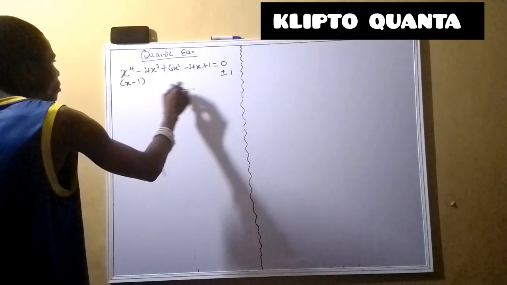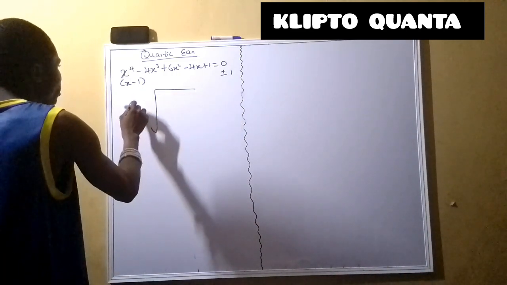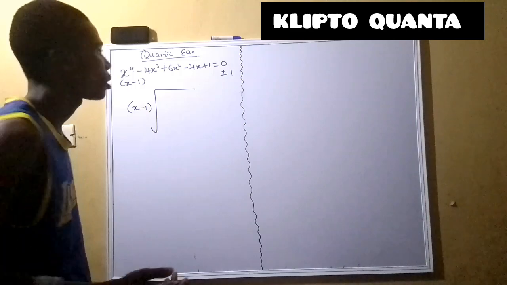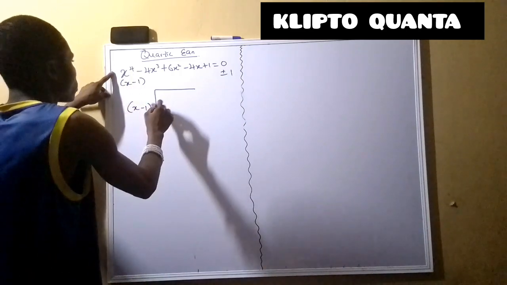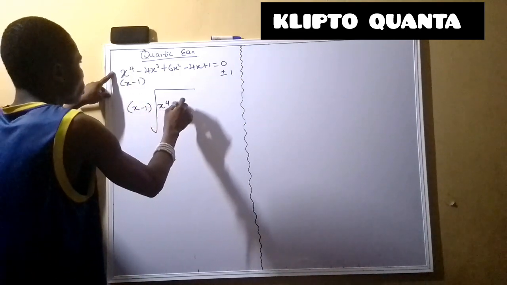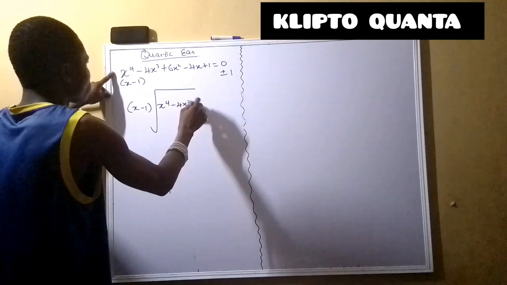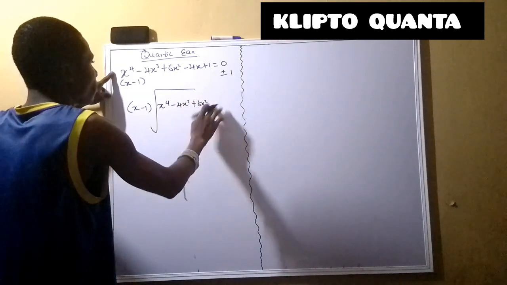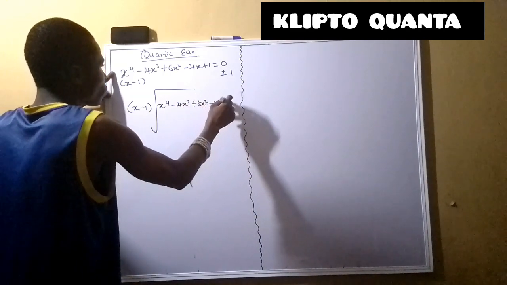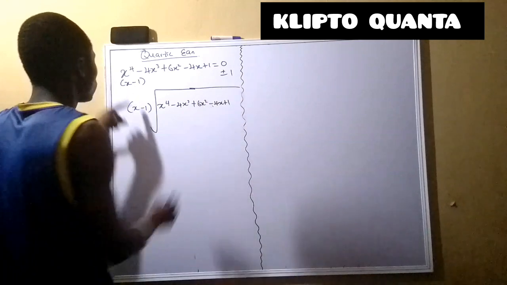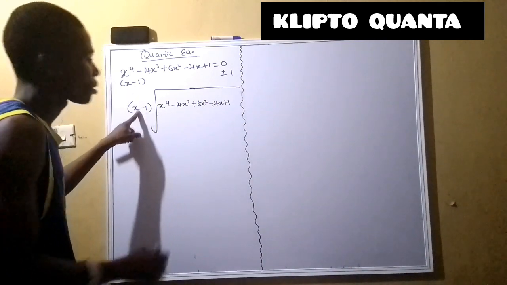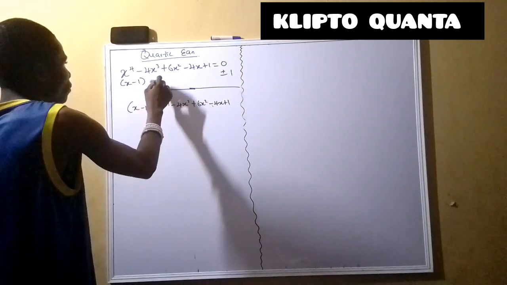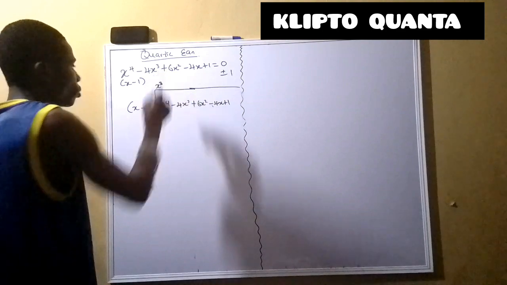I'll explain this in my 3-degree polynomial video. You put your x to the power 4 minus 4x cubic plus 6x squared minus 4x plus 1. So we have x to the power 4 dividing x, and we put x cubic up here.